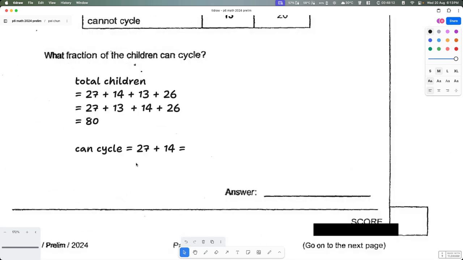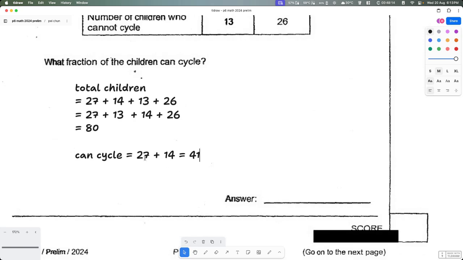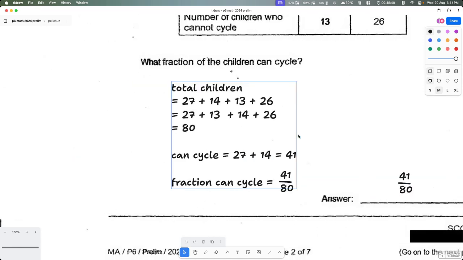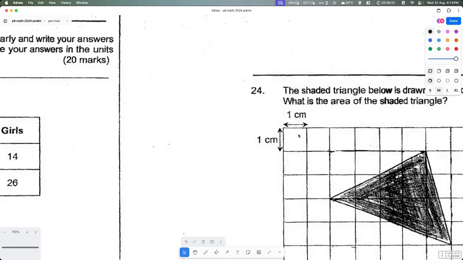This will give us 41. So the fraction that can cycle is equal to 41 out of 80. All right, there you go. So the answer is 41 out of 80. Okay, let's move to the next question.